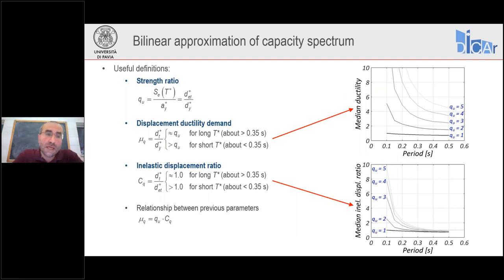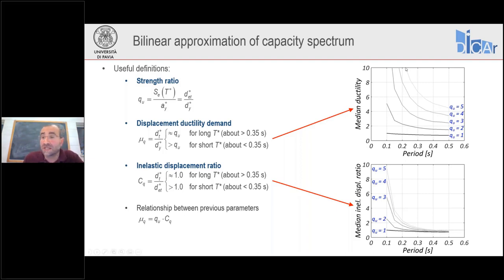Now, if we perform nonlinear dynamic analysis on inelastic oscillators, we can find interesting results. We can see that our displacement ductility demand, mi sub Q, is more or less equal to the strength ratio, or equivalently, the inelastic displacement ratio C sub Q is about equal to 1.0 for long period systems, when T star usually exceeds 0.35 seconds or so.